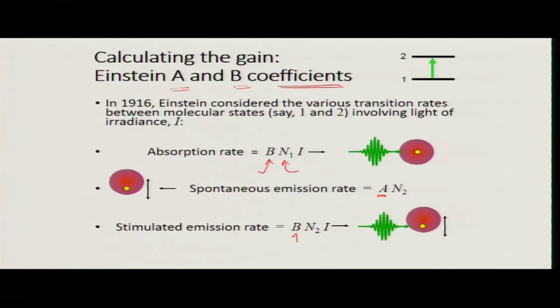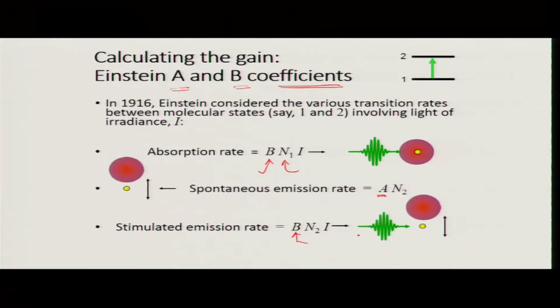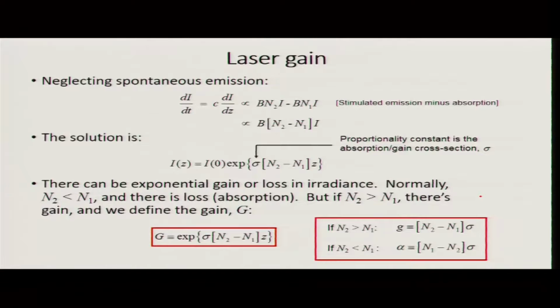So, that will be the B coefficient again, times the number of excited electrons present times the intensity of the available photons. The laser gain can then be written in terms of a rate equation. Neglecting spontaneous emission, it is a simple equation where the stimulated emission minus the absorption gives rise to the gain, or the change in the flux or applied intensity.